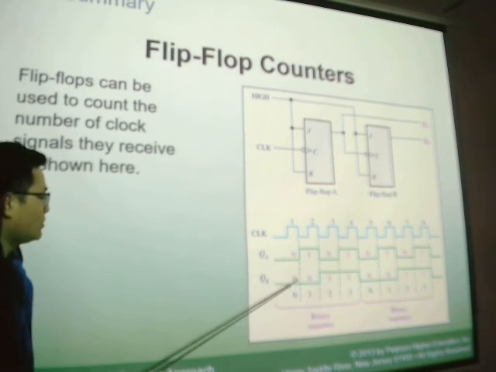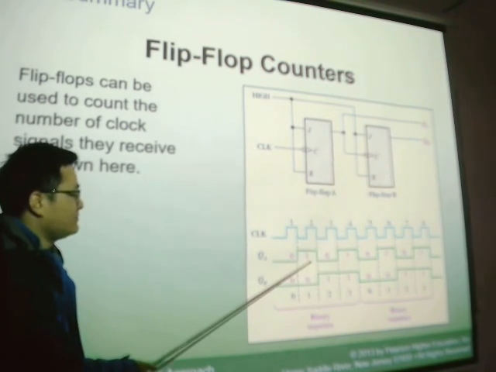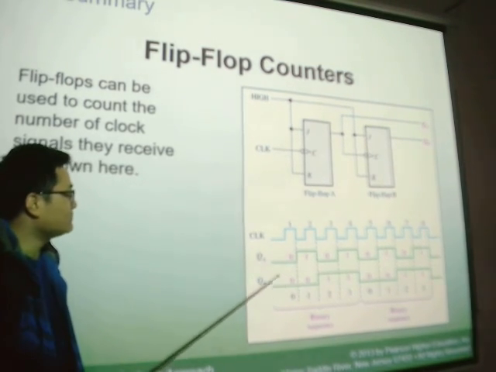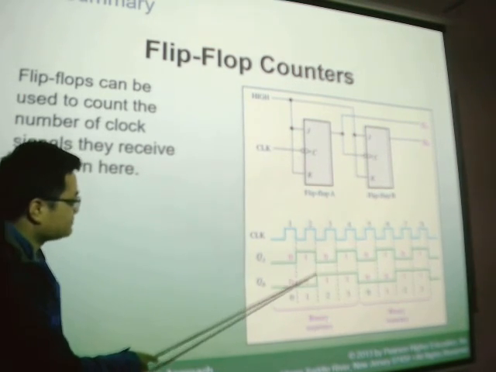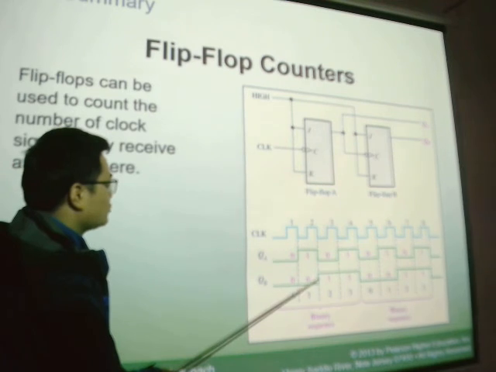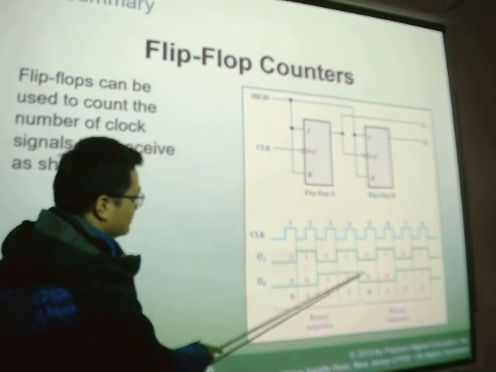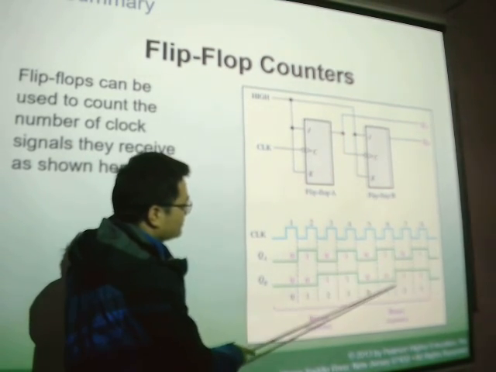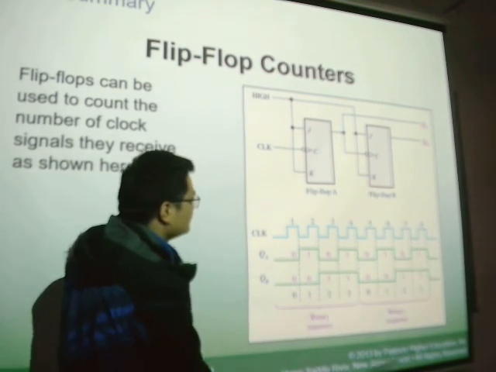So on the negative edge of QA, the value of QB will change, from 0 to 1, from 1 to 0, from 0 to 1, and from 1 to 0.